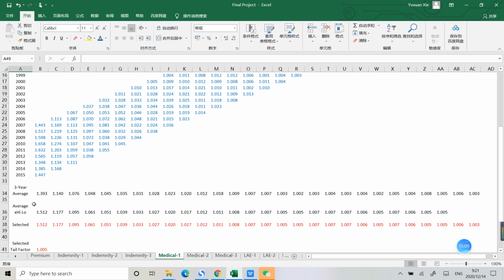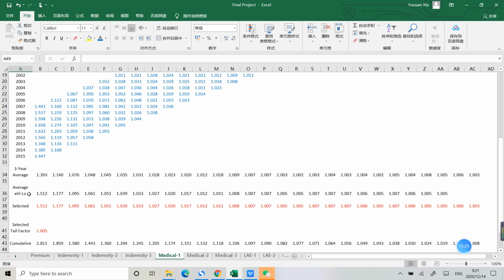And it is the same that the selected factors are based on the all-year average, excluding the highest and the lowest factor. So the selected ratio is equal to the average excluding the highest and the lowest ratios.